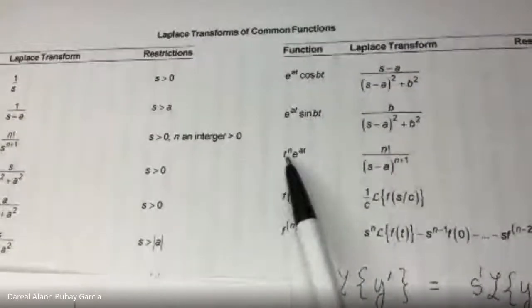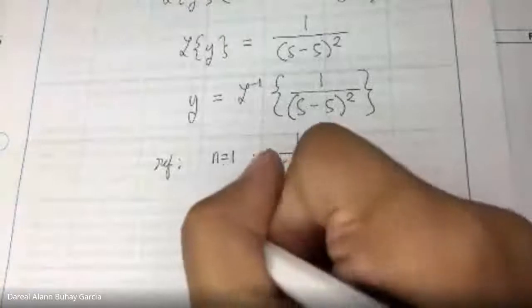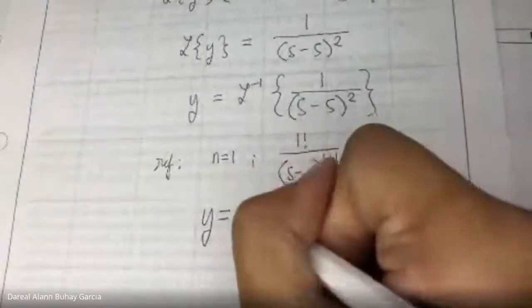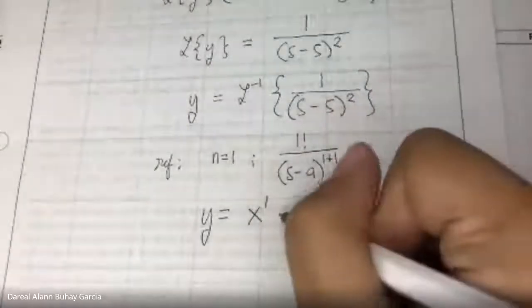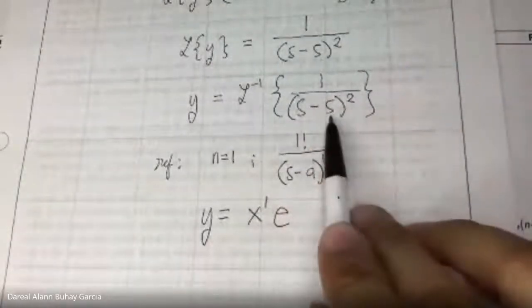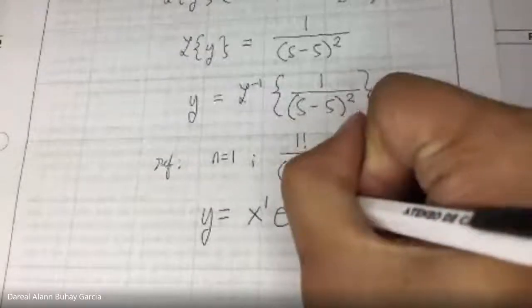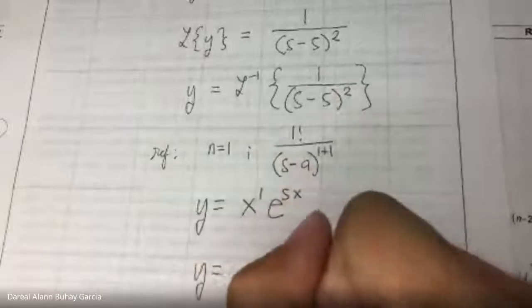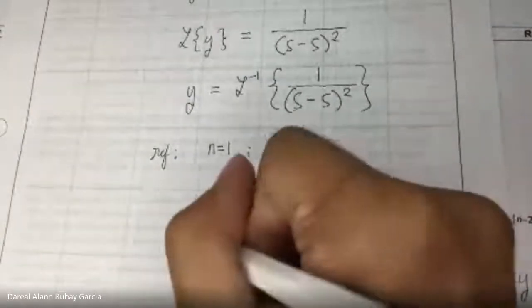In this case, our independent variable is x, so x to the power of 1 times e to the power of at. A is positive 5, so 5x. Or x e to the 5x.